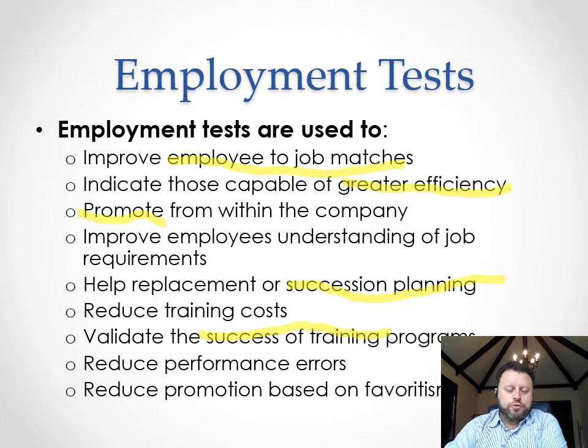So we have training programs, any good company is going to have some kind of training programs, and we want to know if these are successful. So how do we determine if they're successful? We use tests. And to make sure we reduce favoritism. Right? Once somebody's been working in a company for a while, they might become friends with the boss, these in-groups and out-groups that tend to get formed.